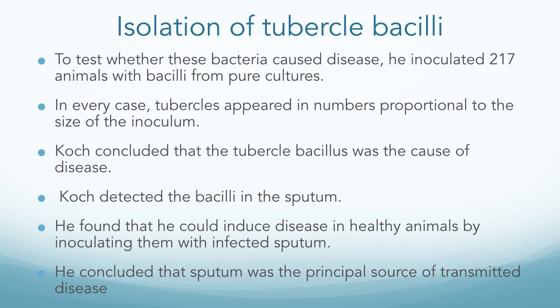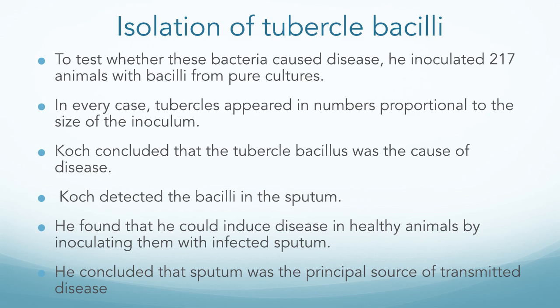All the animals inoculated with the pure culture of the organism showed the formation of tubercles, and the number of tubercles that appeared in the animal was proportional to the size of the inoculum that was injected into the animal. So, Robert Koch concluded that the tubercle bacilli were the cause of the disease.